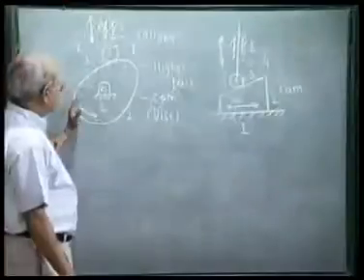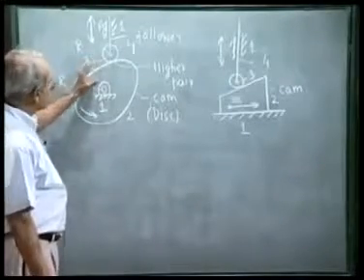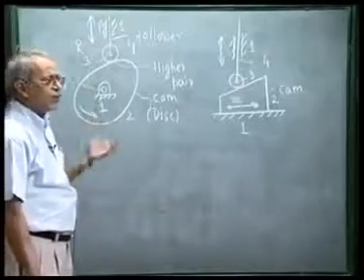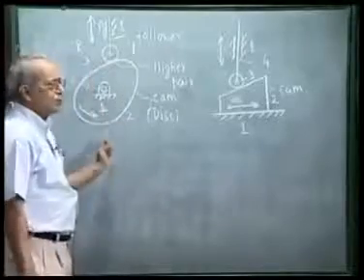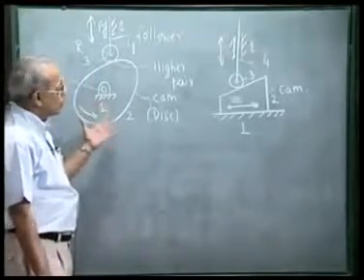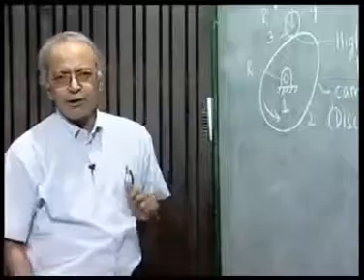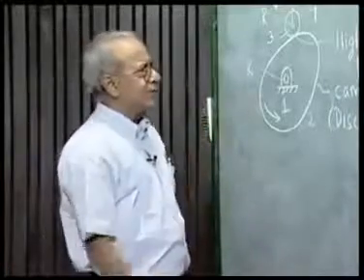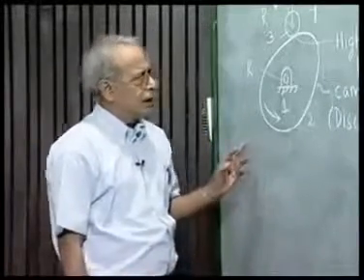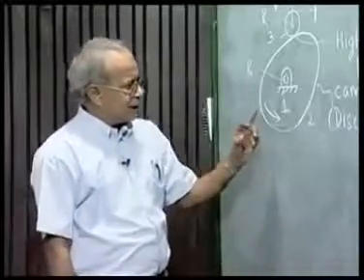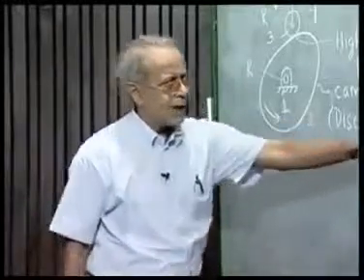So our job is to generate a complicated output motion, that is a given or desired output motion. What should be the cam profile? That is the objective of designing cam follower systems. So this is one classification based on the type of movement that the input member, the cam, has.